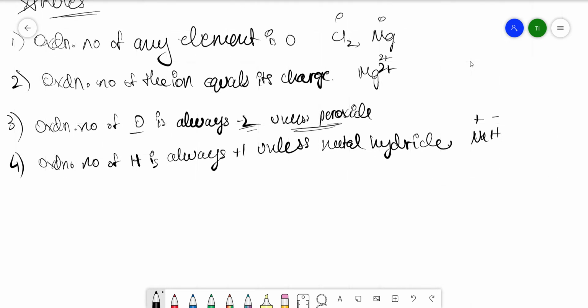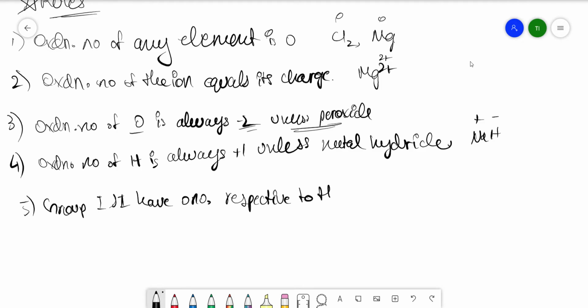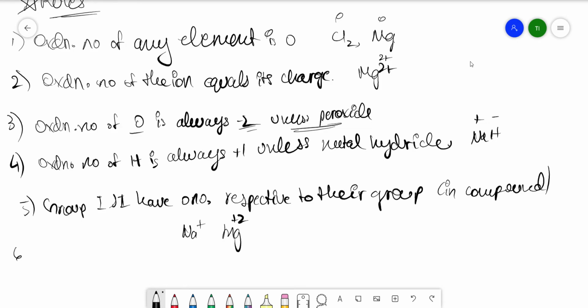The fifth rule is that group 1 and 2 have oxidation numbers respective to their group. So Na would have the oxidation number of +1, and Mg would have the oxidation number of +2, in a compound, not like the elements alone.